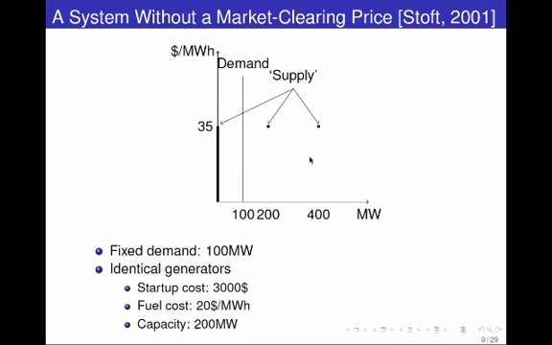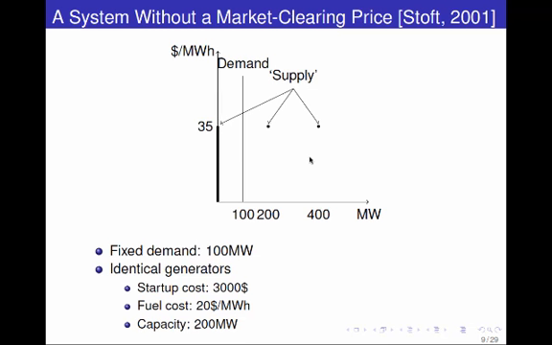Now, that means that if you have a single market for energy, if this is how you want to run your auction, there will be no price you can send to market participants that will make them voluntarily produce exactly 100. Any price below 35 will result in zero production, no one will be interested.